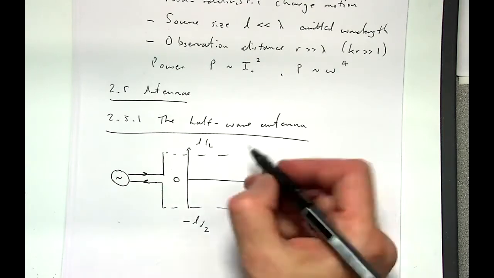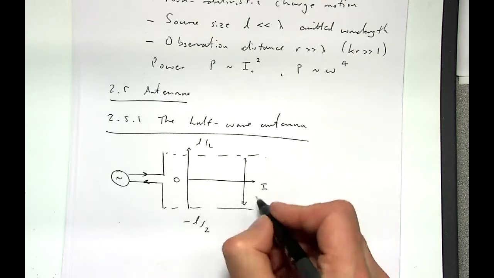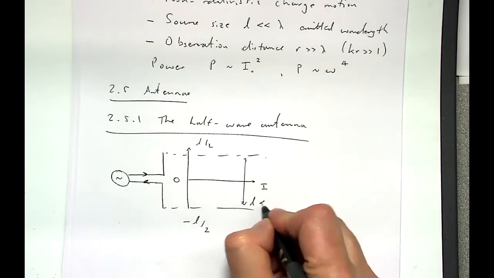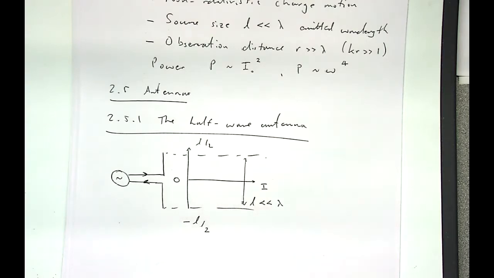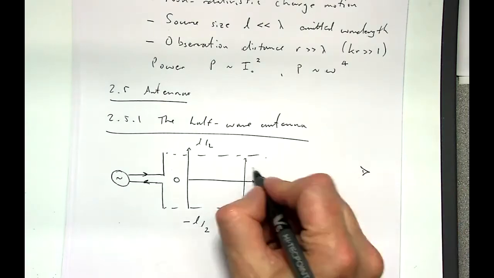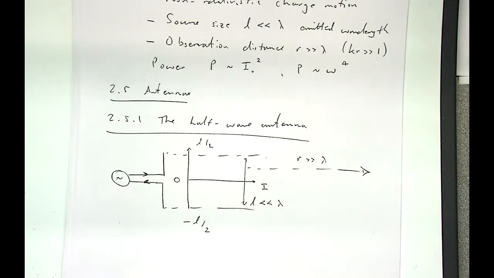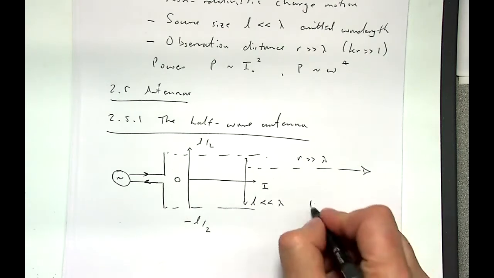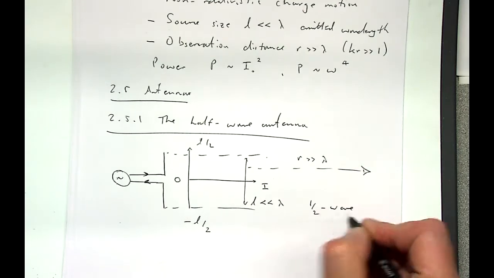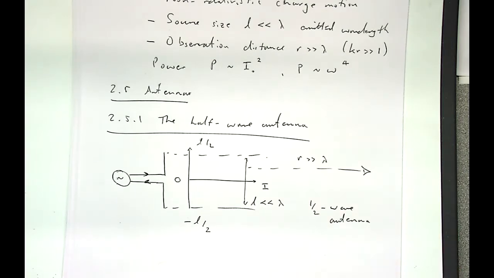I'm going to first make the statement that that distance there, L, is much less than lambda, and that the observation distance far away, over here, R is much, much greater than lambda. Okay? So this is my starting picture for the so-called half-wave antenna. Now don't worry about that scale just for now.